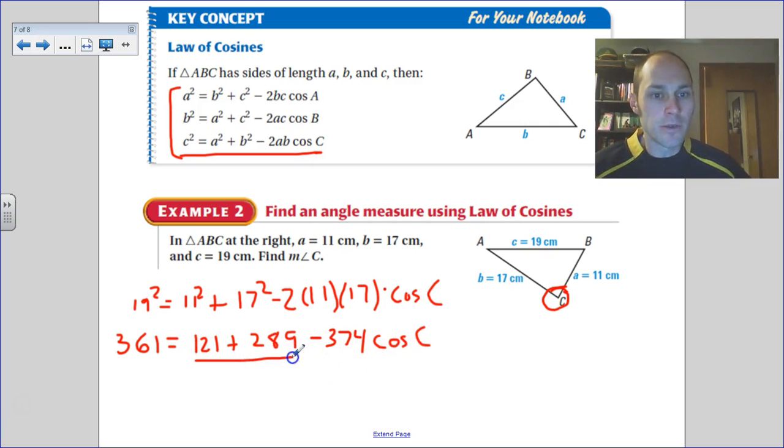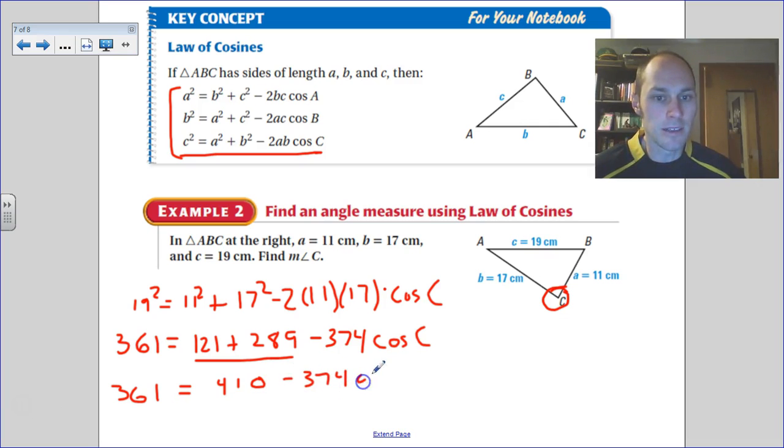So we can combine 121 and 289 to give us, let's see, 410. 361 equals 410 minus 374 times the cosine of C.